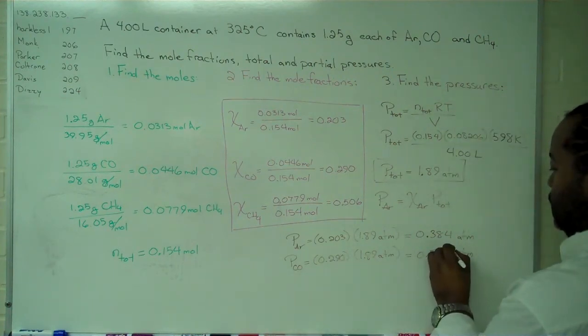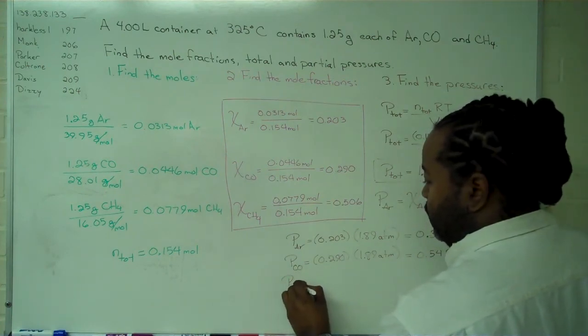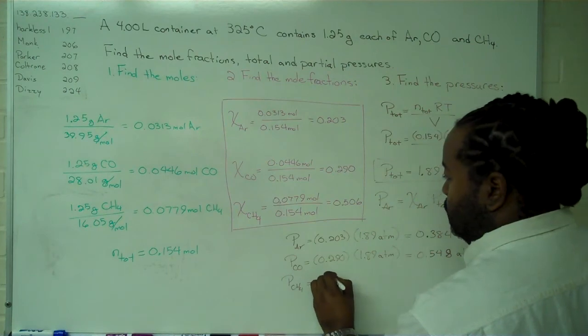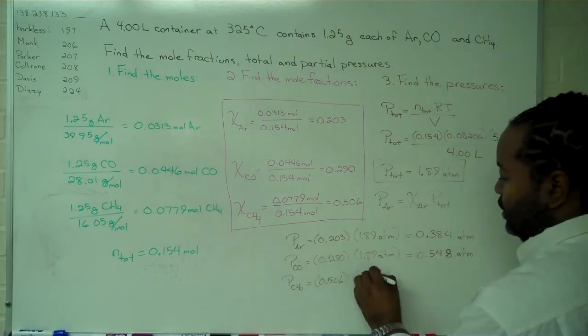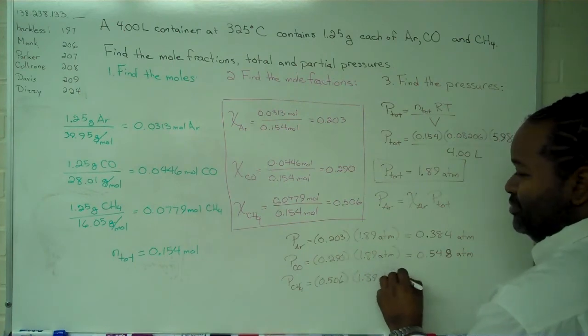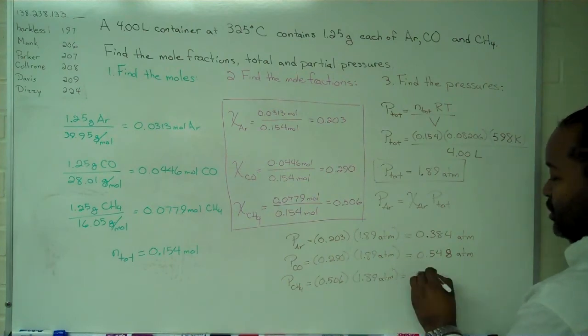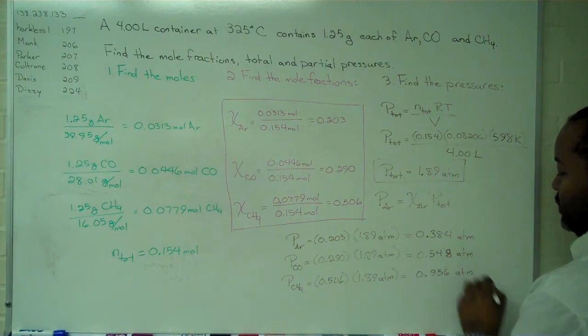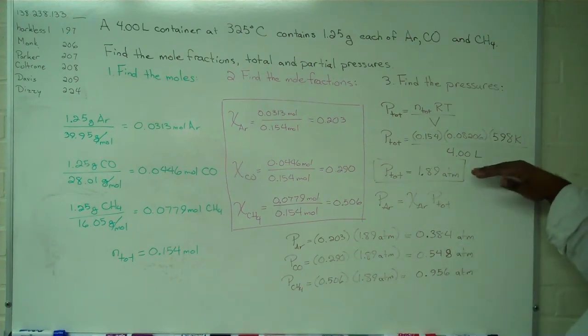And finally, our partial pressure for methane is going to be 0.506, its mole fraction, times the total pressure, and that comes out to 0.956 atmospheres.